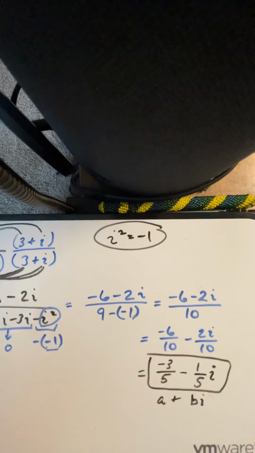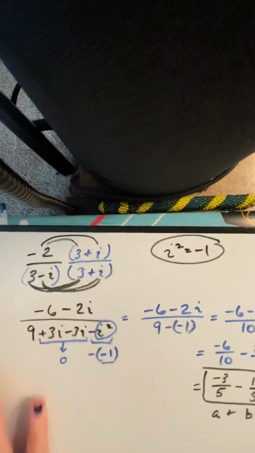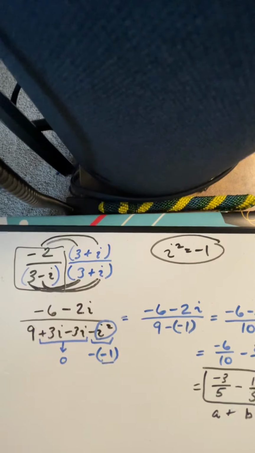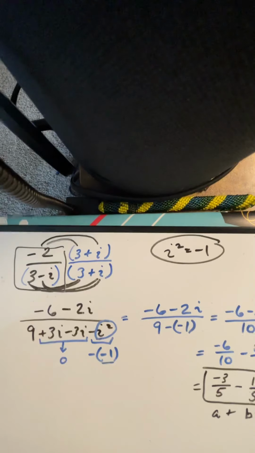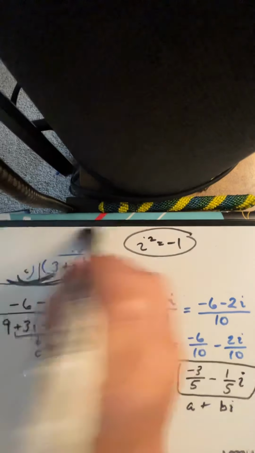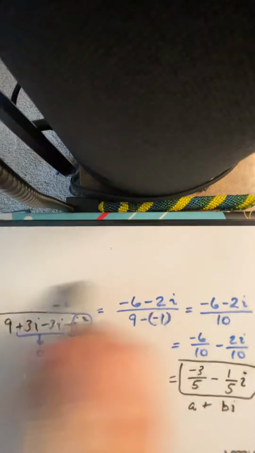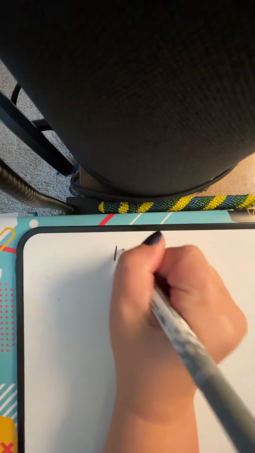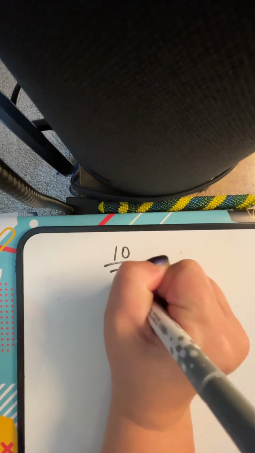So when we are dividing and we have these complex numbers in the denominator, our goal is to try to clear them out. Let's do one more. You might see one that looks like, let's say, 10 over 7i.